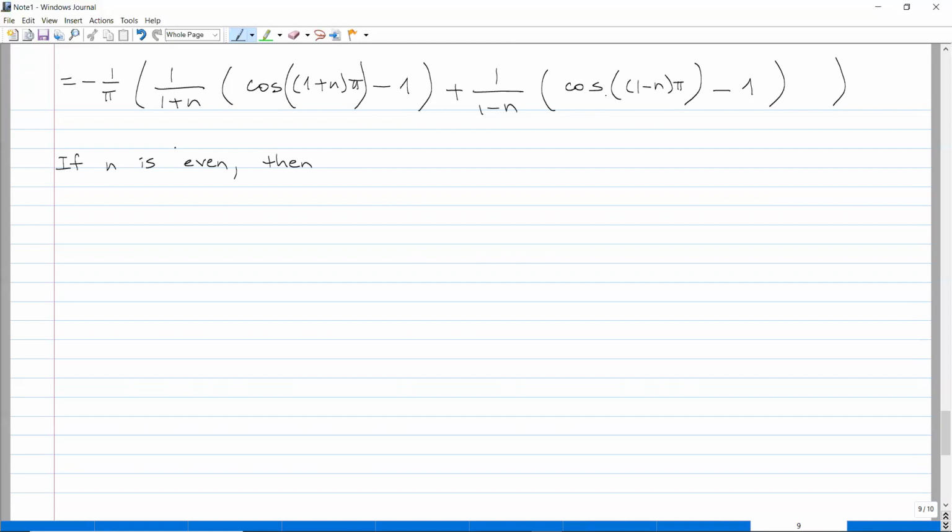First of all, cosine of 1 minus n is the same as cosine of n minus 1, because cosine of minus x is the same as cosine x. Cosine is an even function. So when n is even, remember n is greater than or equal to 2, then n plus 1 and n minus 1 are odd.